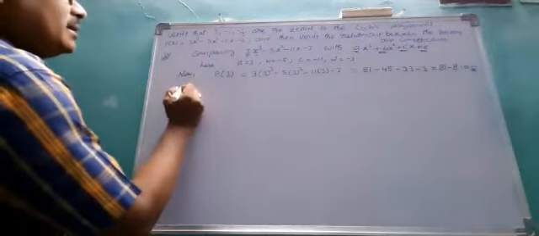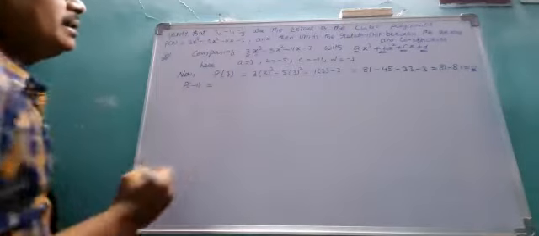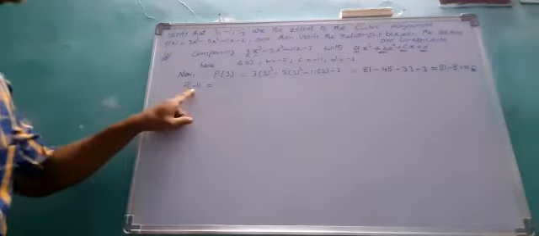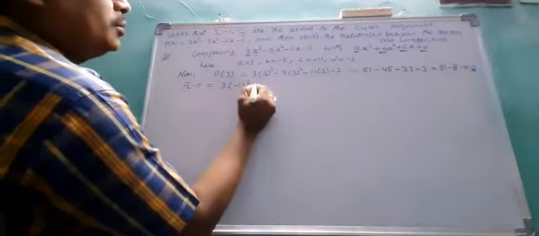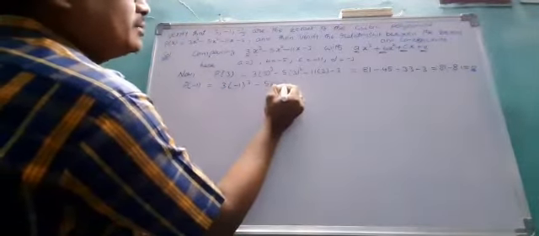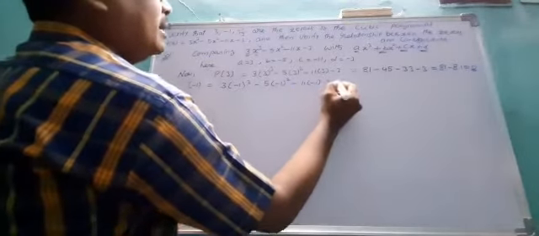And another one is p of minus 1. So instead of x, you substitute minus 1. That means 3 into minus 1 whole cube minus 5 into minus 1 whole square minus 11 into minus 1 and minus 3.